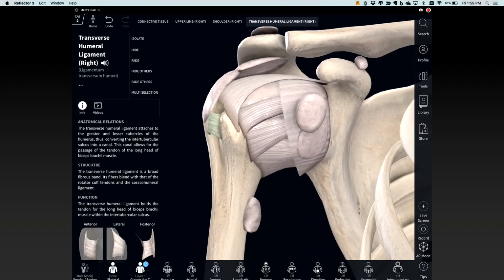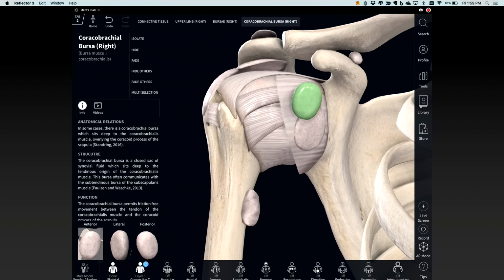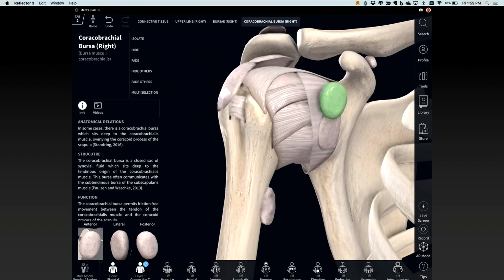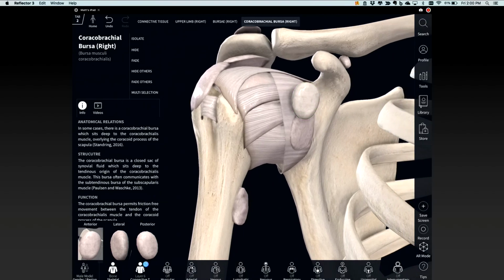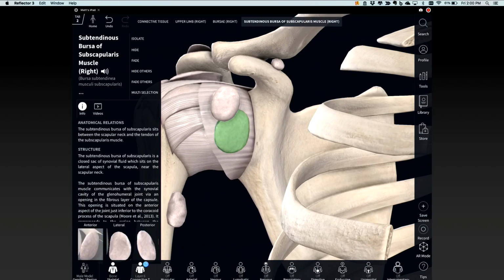And then all of these other little pockets or pillows or bulges are all bursae. Remember we talked about what a bursa was? It's like a synovial capsule full of fluid that helps to cushion joints, or the articulation between muscles and joints. This is a good example of that.